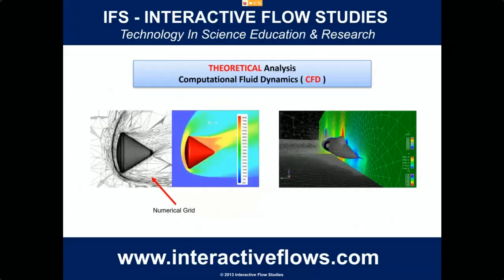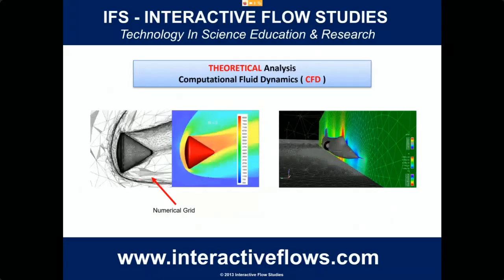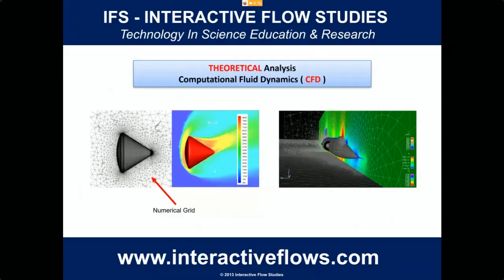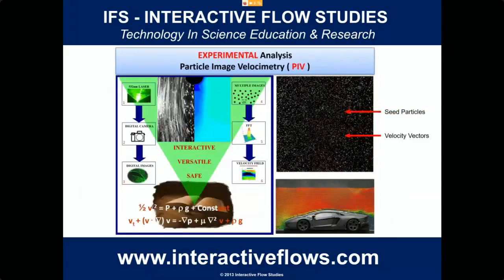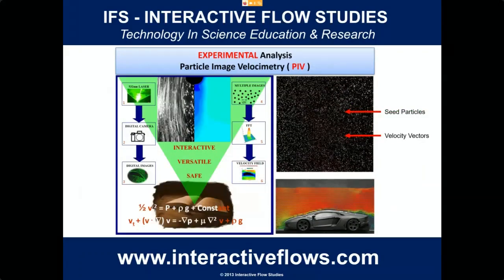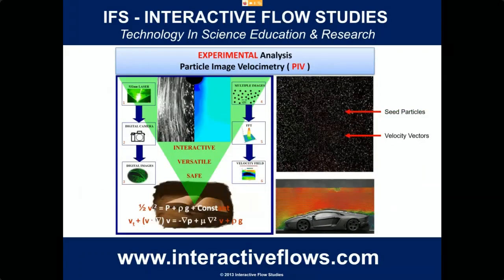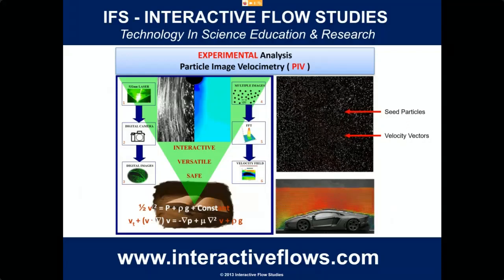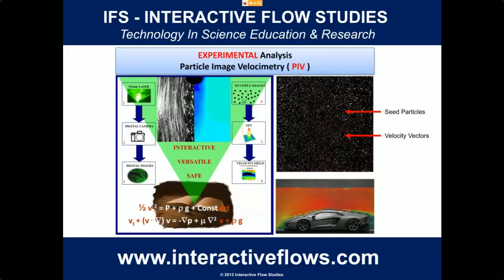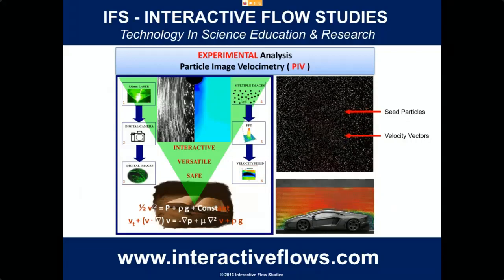There is a similar technology that produces just as pretty and educational pictures, and it's called PIV. Now that's called particle image velocimetry. The reason why it's called particle image velocimetry is because we seed the flow with particles ranging from 10 microns to 50 microns. Basically, it's called seeding the flow.